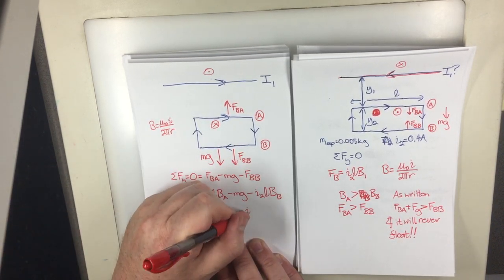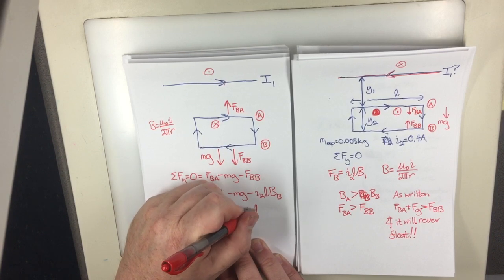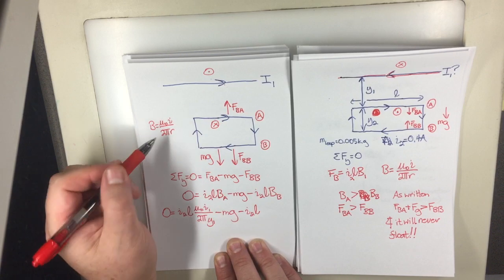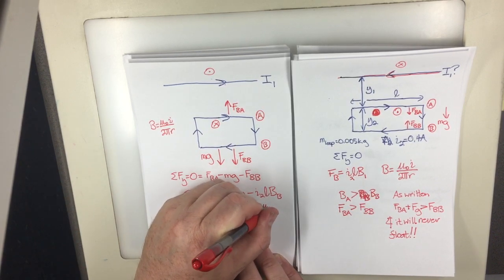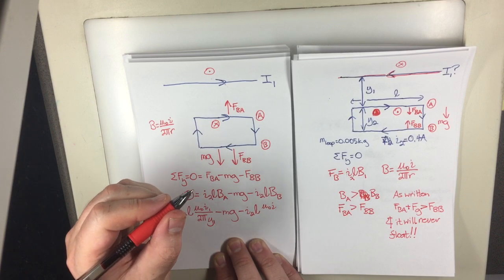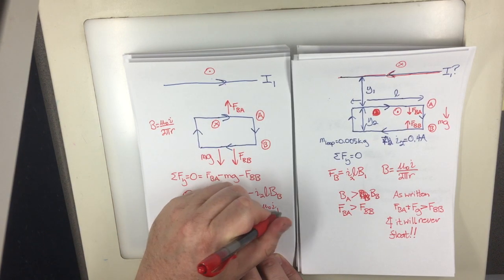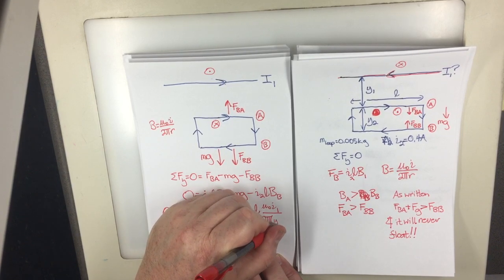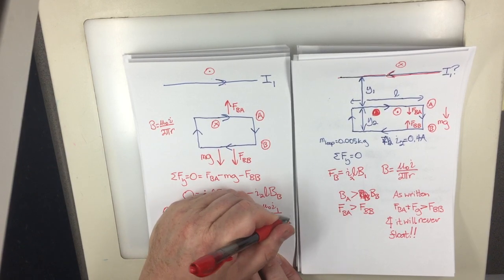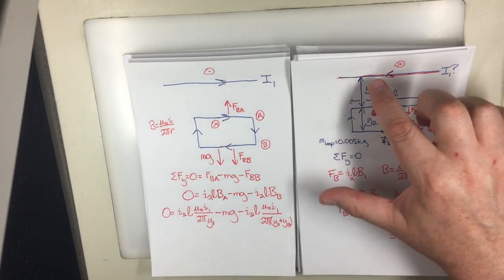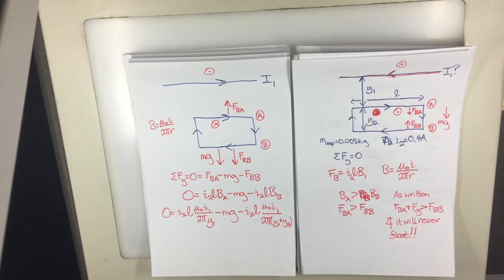And then minus I2L, B field at B is mu naught I1 over 2 pi (y1 plus y2). Because the distance from there to there is y1, the distance from there to there is y1 plus y2.